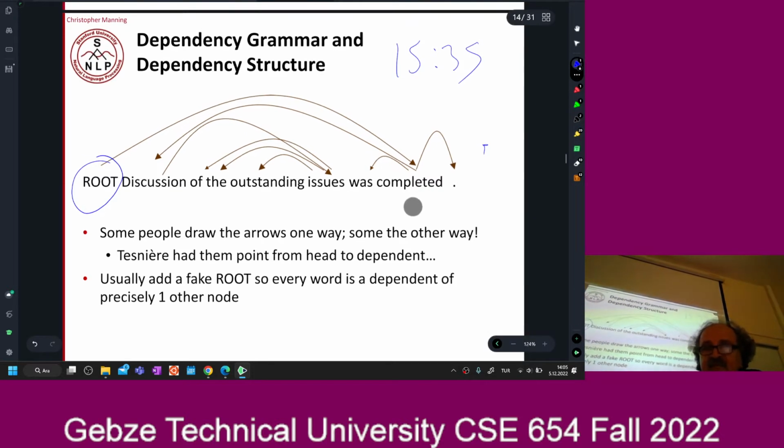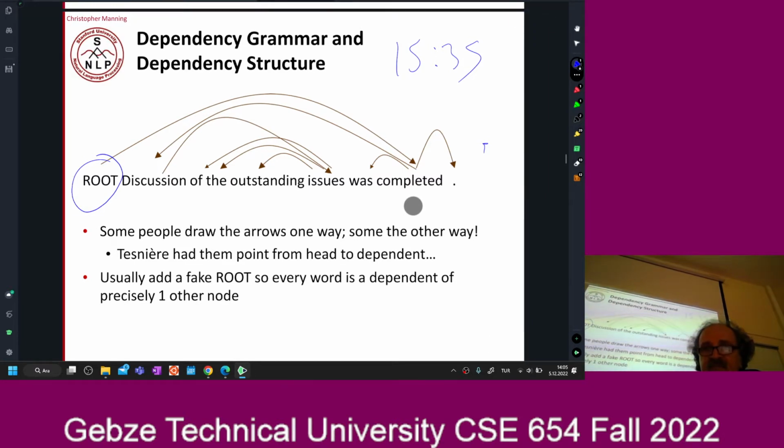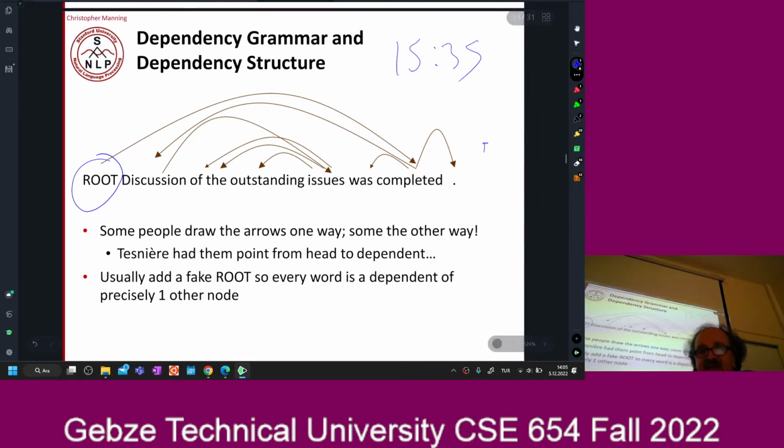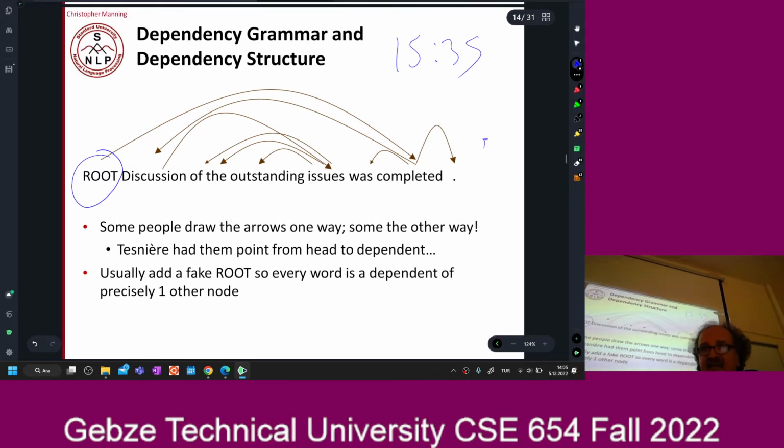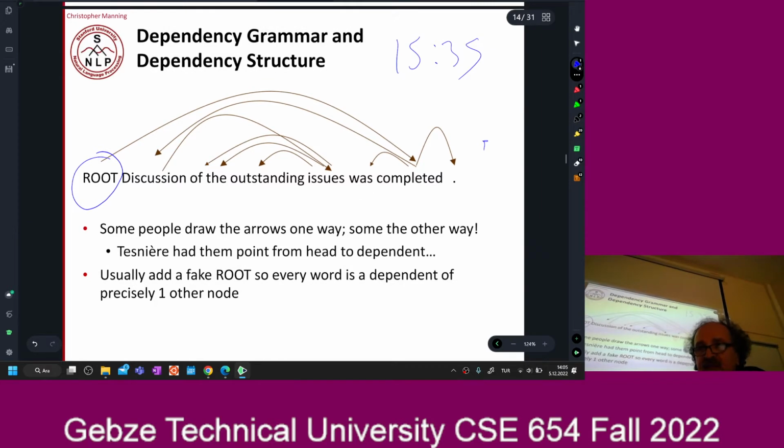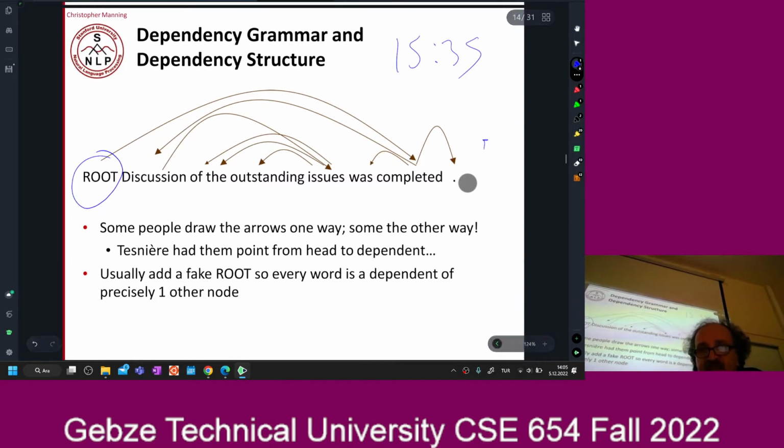Completed is the main head of the sentence. Root is something that we add extra, a fake root, so every word is a dependent of precisely one other node. Root is the fake head. Completed is the dependent of that one. It's the main verb of the sentence. Was is the auxiliary part. This is the punctuation of completed.